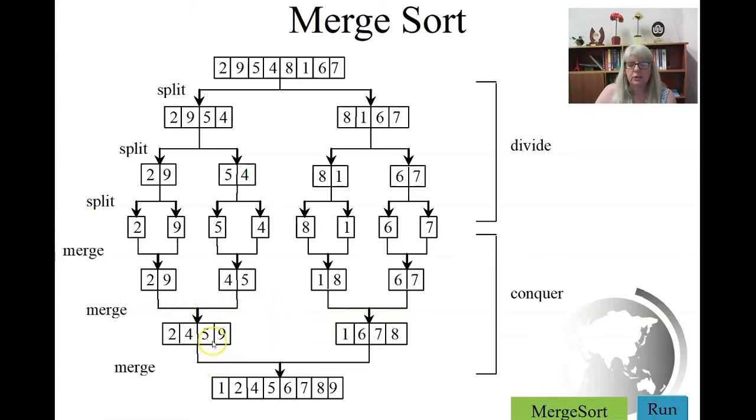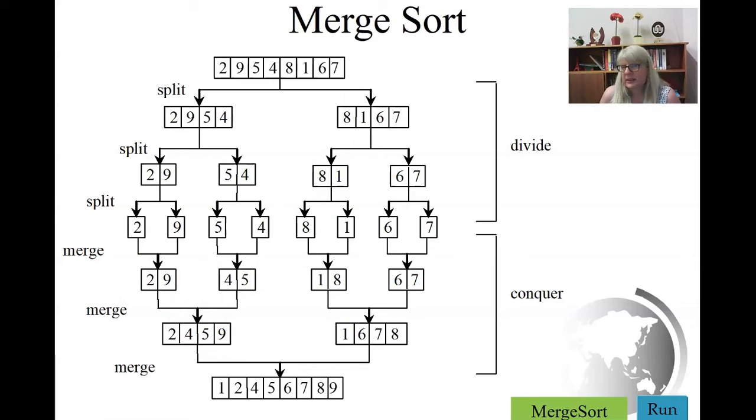Now, what you should see in terms of analysis, it's cool because it is a log. It is order log something because we are splitting the list. So if we have 8 numbers in 3 levels, we have split the list, and in another 3 levels we have sorted the entire list.